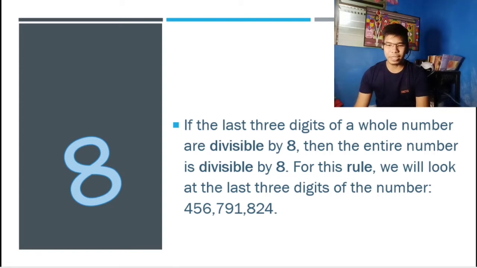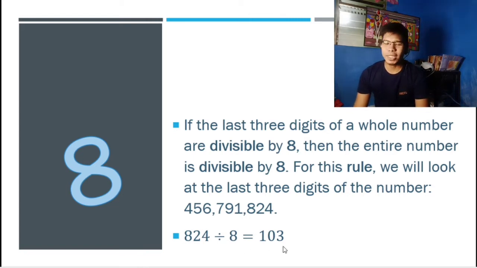So we have 824 divided by 8, which is equal to a whole number, 103. It means that 824 is divisible by 8, and therefore 456,791,824 is divisible by 8.